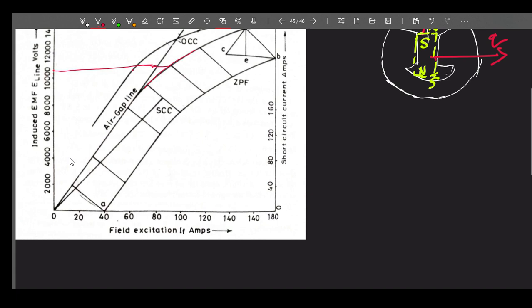So from this we can figure out this 10681 volt is basically for 81, right?